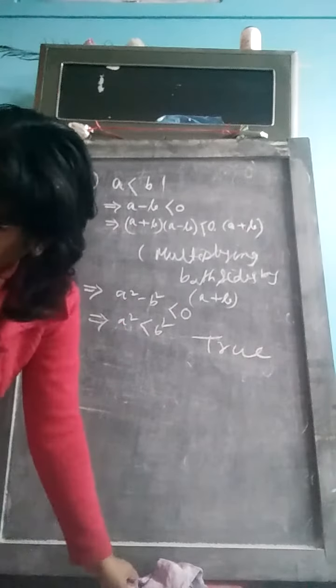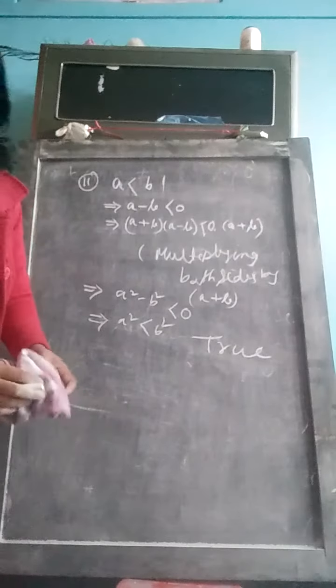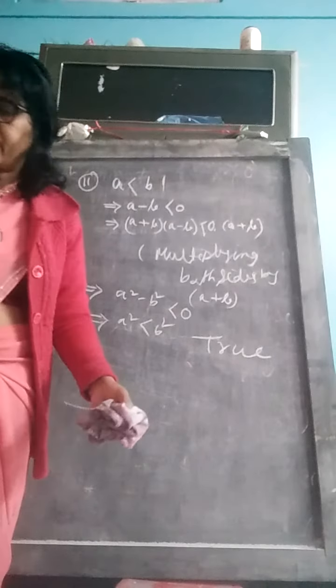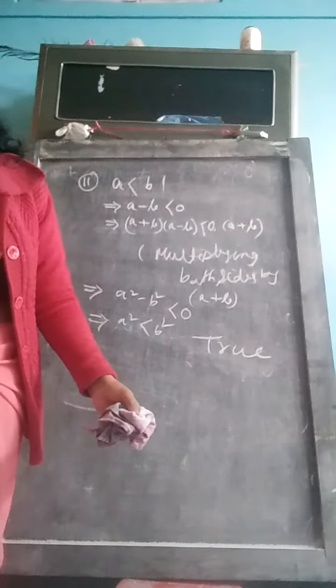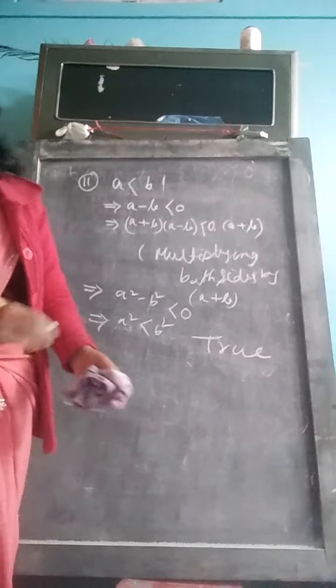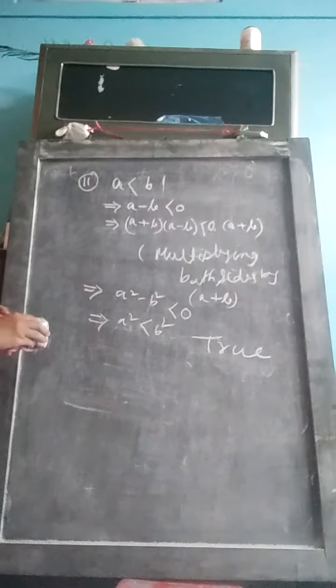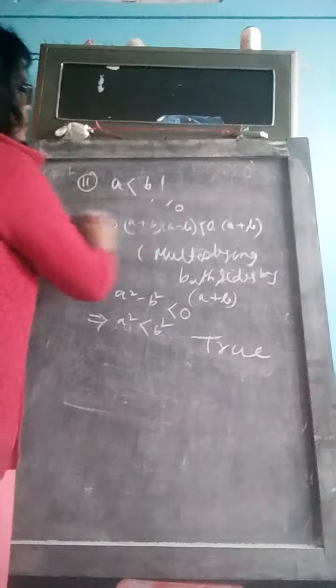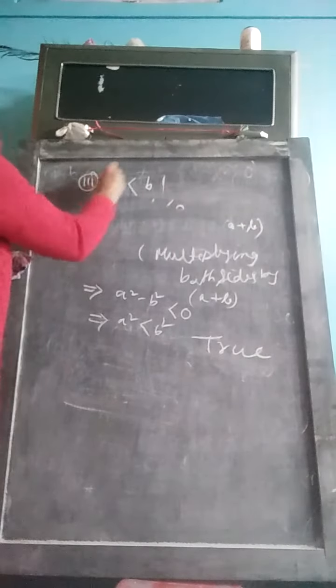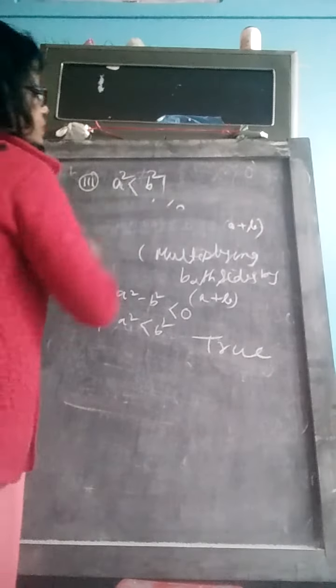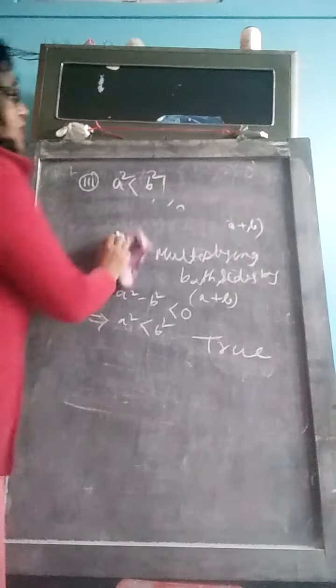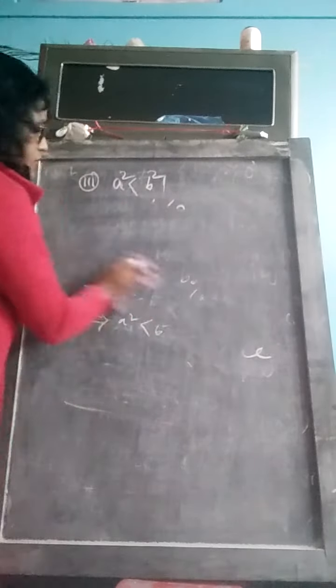Then what is the question number 3? If a square less than b square, then a may be less than b.